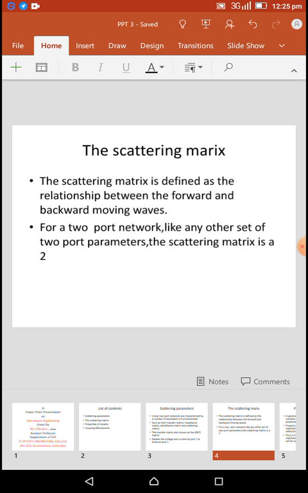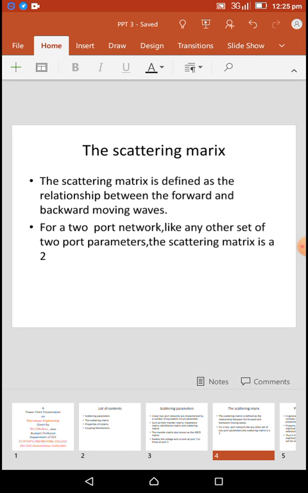Next one is the scattering matrix. The scattering matrix is defined as the relationship between the forward and backward moving waves.